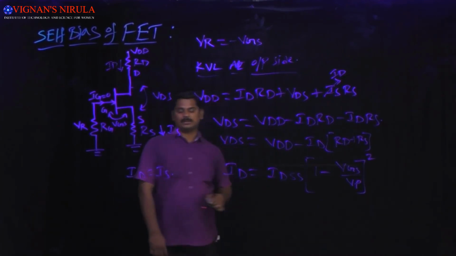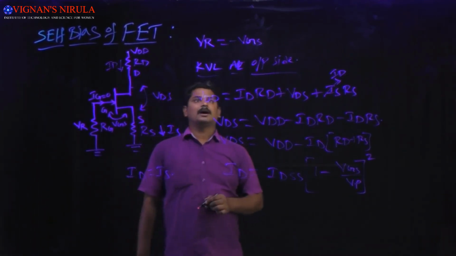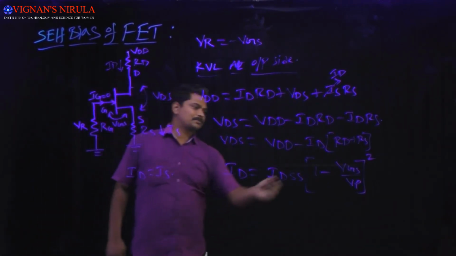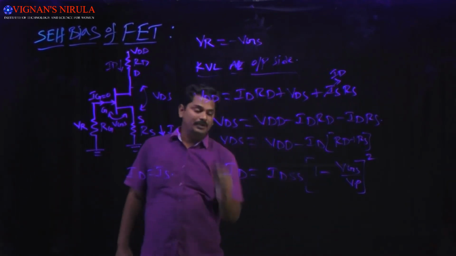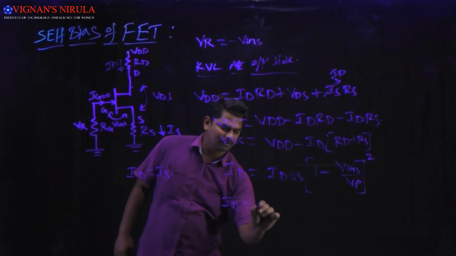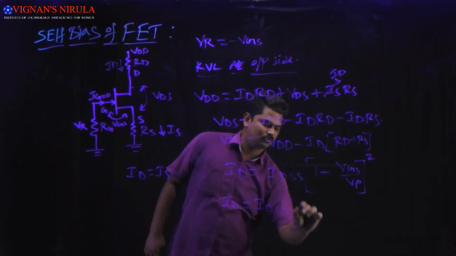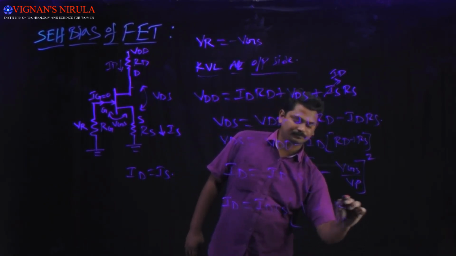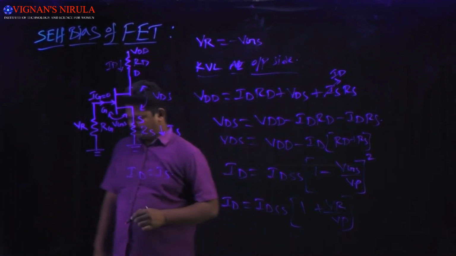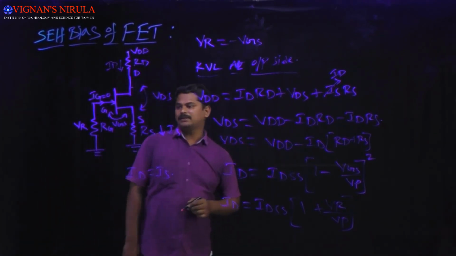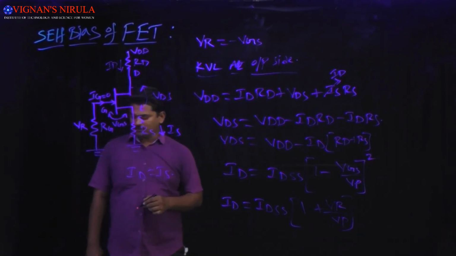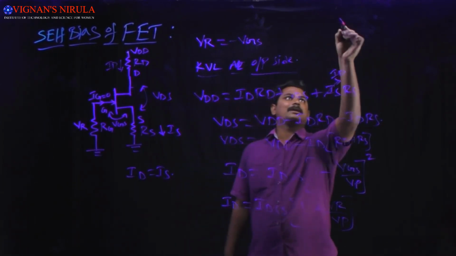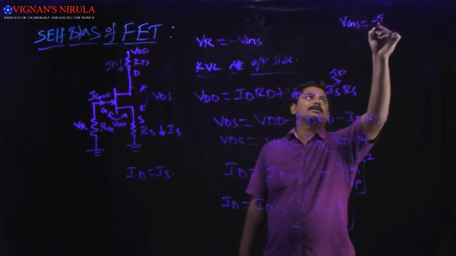So when we substitute the value of VGS with VR, we get ID equal to IDSS into (1 plus VR by VP) whole square, or we can write that VGS is equal to minus ID into RS.